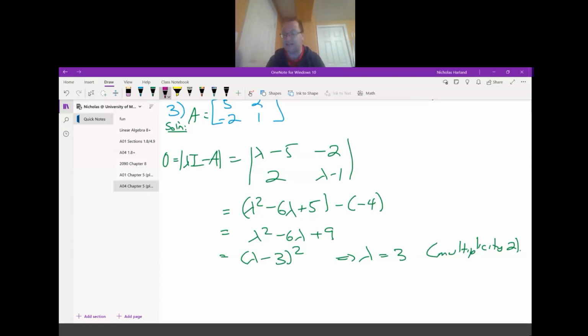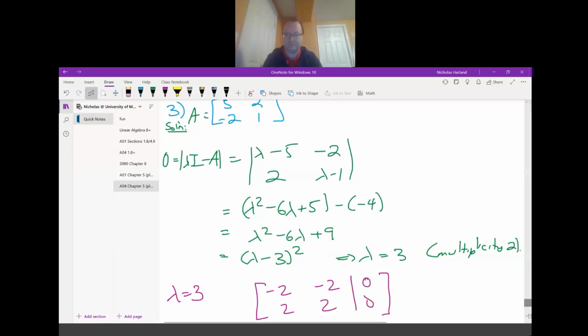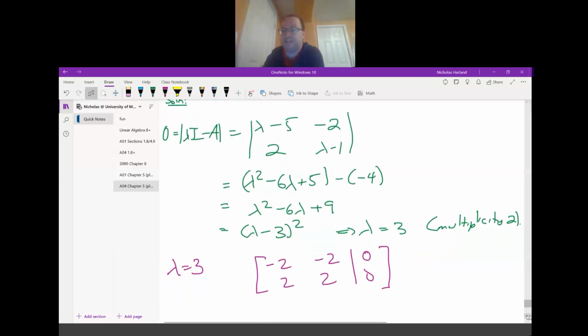What is our second step? Find the eigenspace. Beautiful. Lambda is equal to 3. Shove it into here. Set it equal to 0. We get negative 2, negative 2, 2, and 2. Do we need to write the multiplicity? Depends on how the question is phrased.